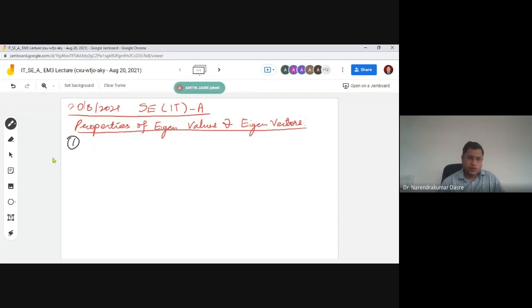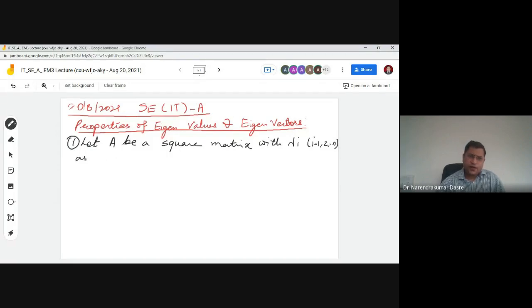First thing that we need to understand: suppose we have a matrix. Let A be a square matrix with lambda i's, i running from 1 to n, as eigenvalues of A. Then we need to understand what the sum of all eigenvalues is.